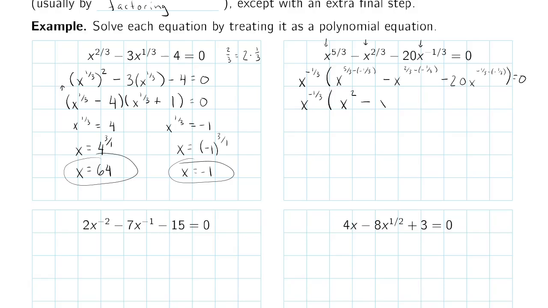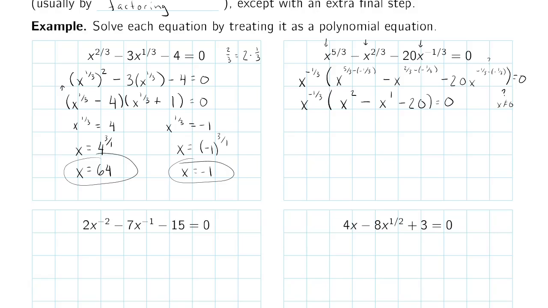This works out to just x to the first power. And this works out to just 20, as long as x is not 0. I'm not sure about this if x is 0, but we'll think about that in a minute. x to the 0 is not 1 if x is 0, but we'll worry about that in just a minute.